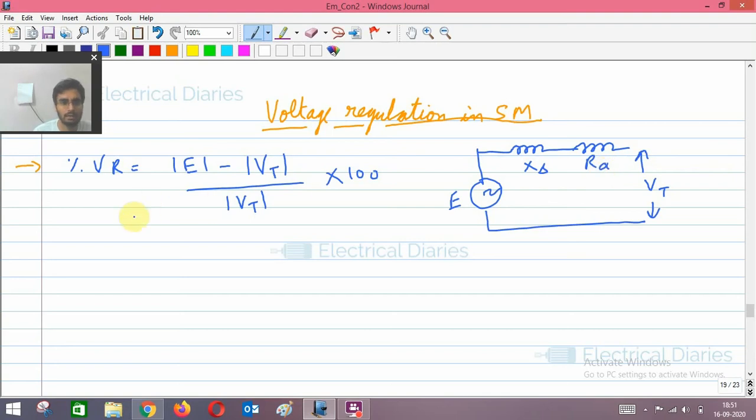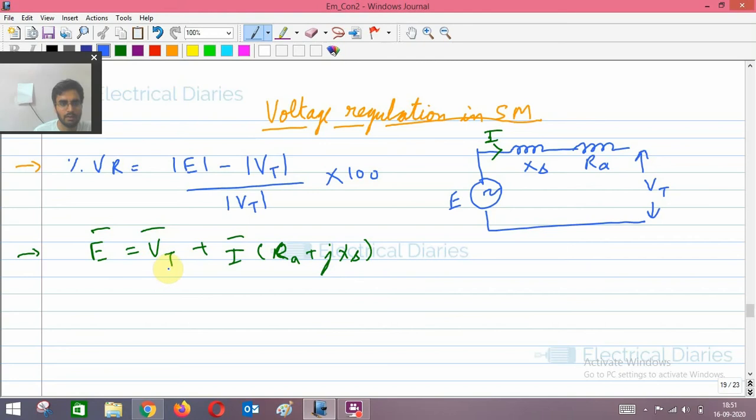Now if we write the KVL in the given loop, what we get is that E is equal to VT plus I, let us say I current flows, into RA plus jXS, where I, VT and E are phasors. Now if you draw the phasor diagram, I hope you know how to draw the phasor diagram using any KVL.